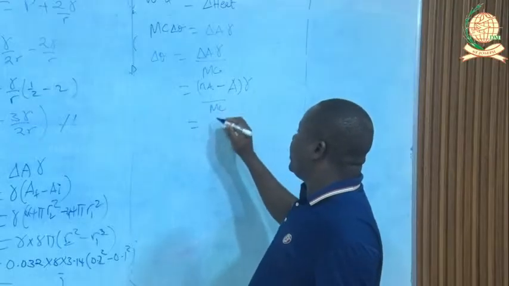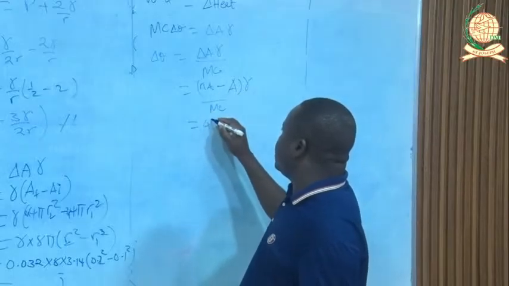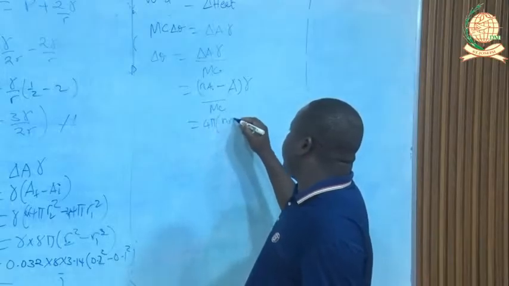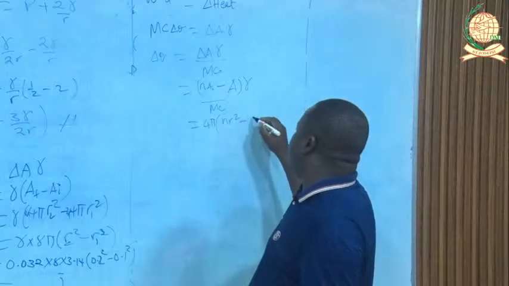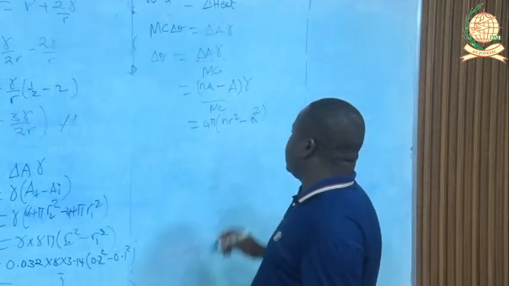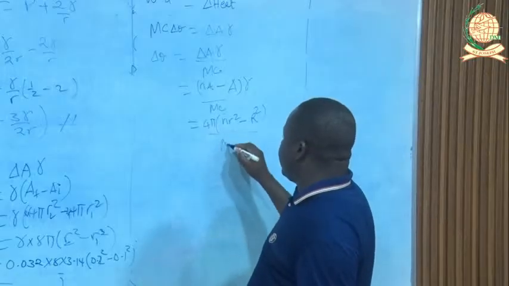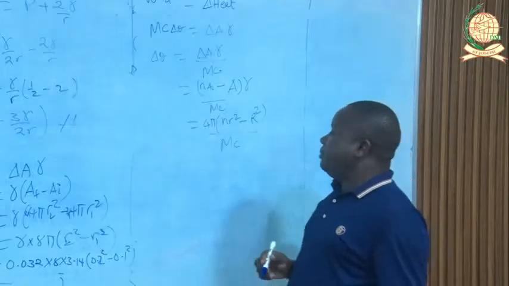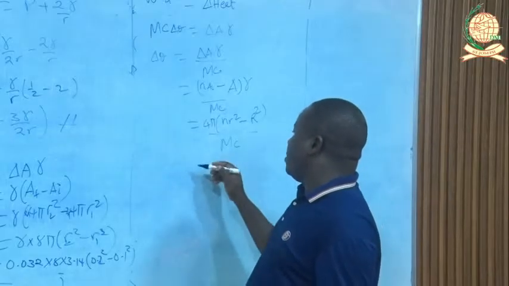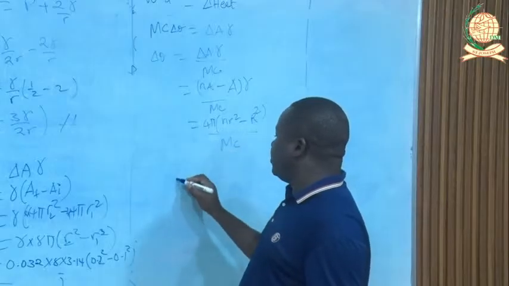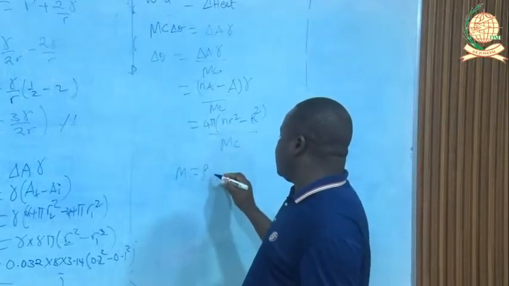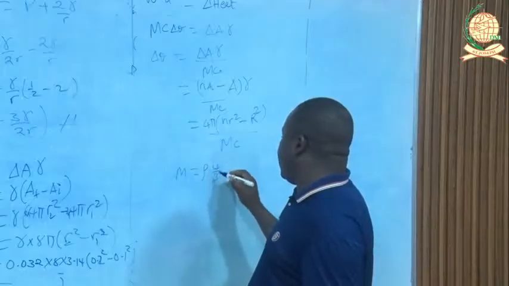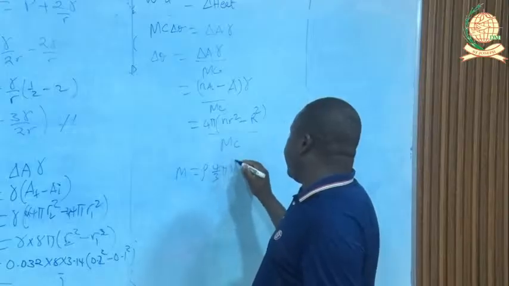The drop is spherical, so 4 pi gamma, bracket n r squared minus R squared, divided by mC. But what is the mass? The mass of the big drop is equal to density times volume. Volume is 4/3 pi R cubed.